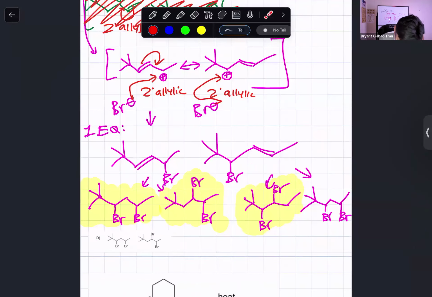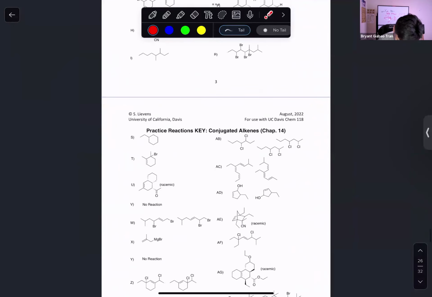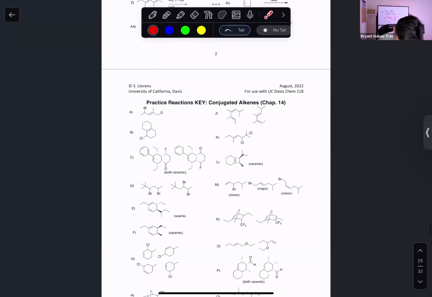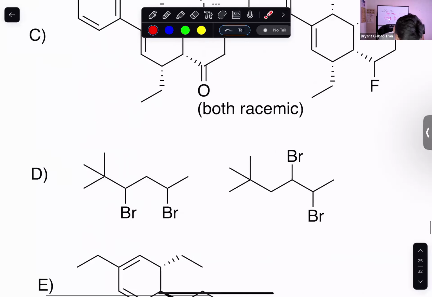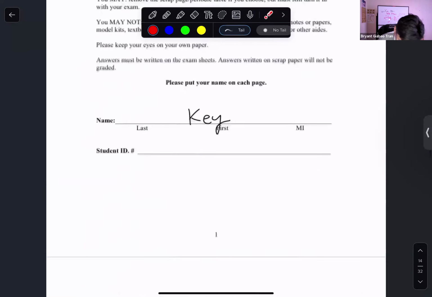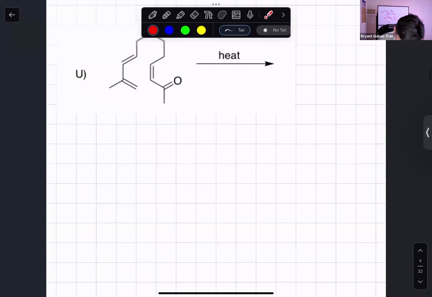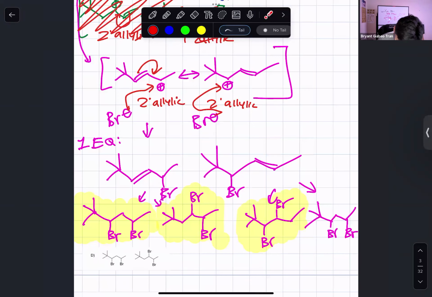Wait, let me check the key for this D again for chapter 14. Okay, so there's 2 unique products here that they gave us. Let's see what's going on here. H plus Br.